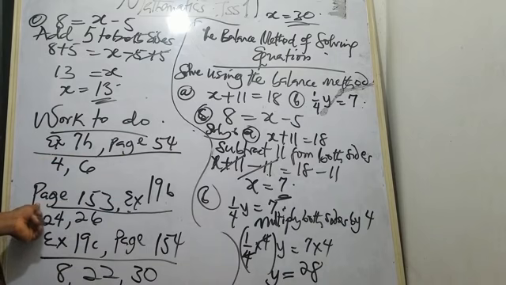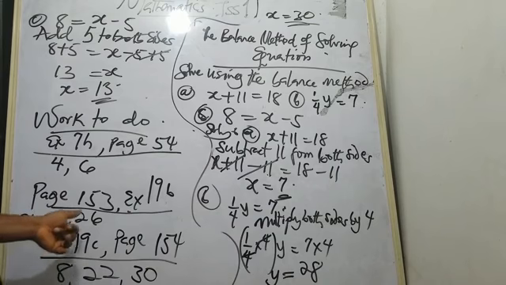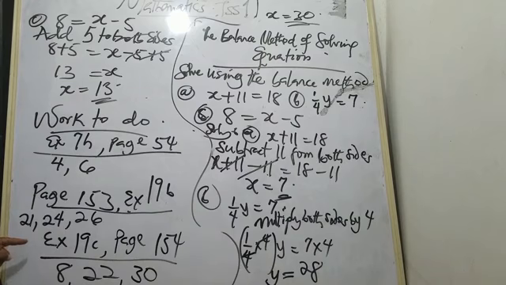And then go to page 153, exercise 7B, number 21, 24, and 26. And go to exercise 19C, page 154. And then you will do 8, 22, and 30.